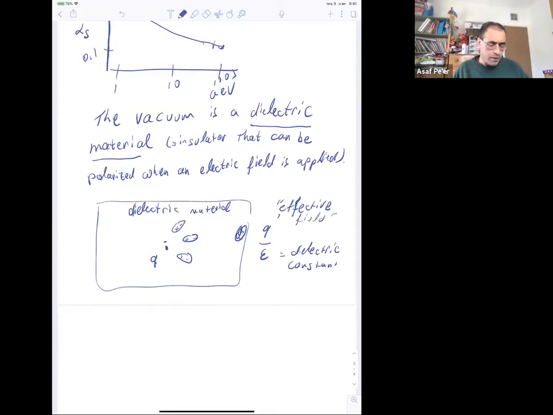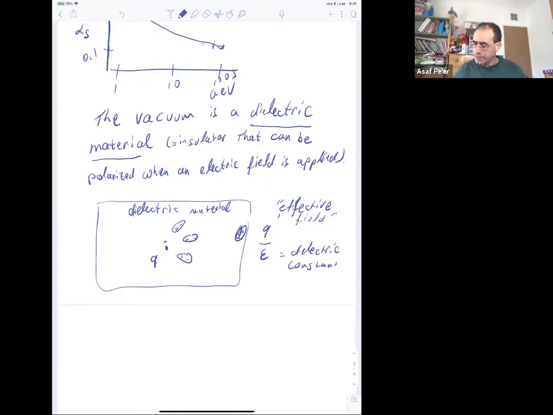The use of this concept of a dielectric constant enables us to use the same theory, Coulomb's law, without the need to write the details of the complex interactions between the charge and the molecules.